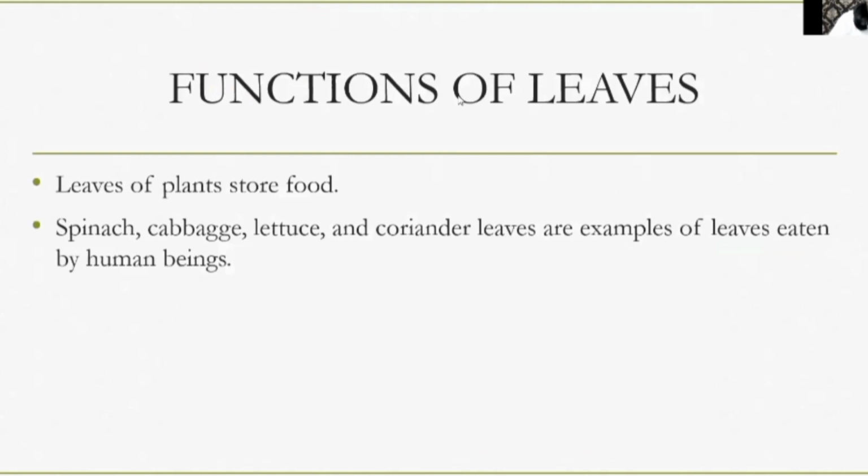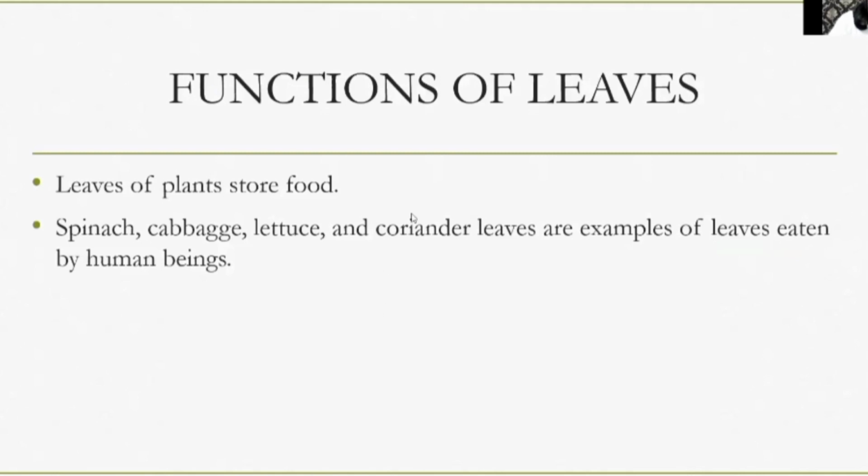Okay, what are the other functions of leaves? Leaves of plants store food. Once they are finished making their food and it is sent to all parts of the plant, they store the extra or surplus food. So leaves even have this function of storing food.